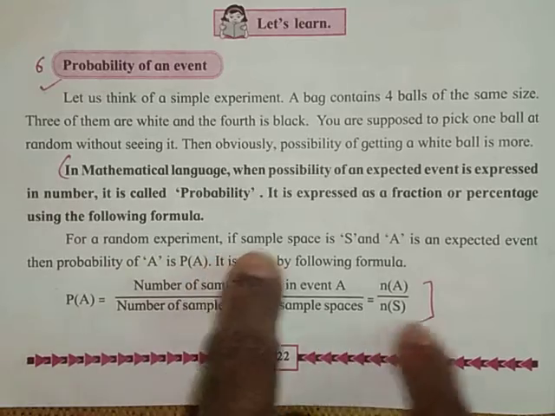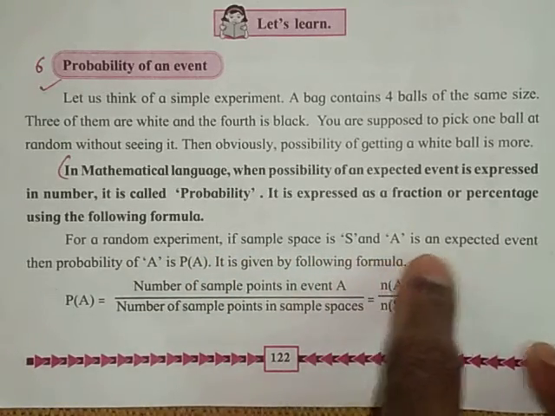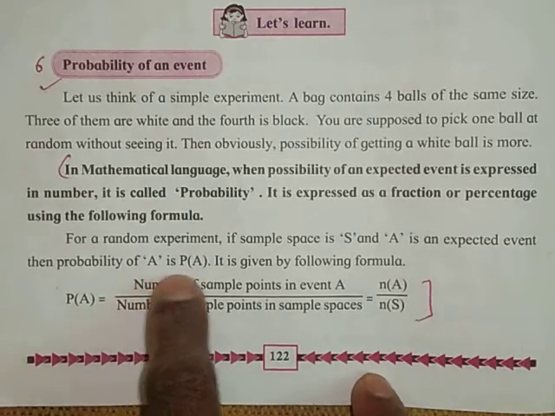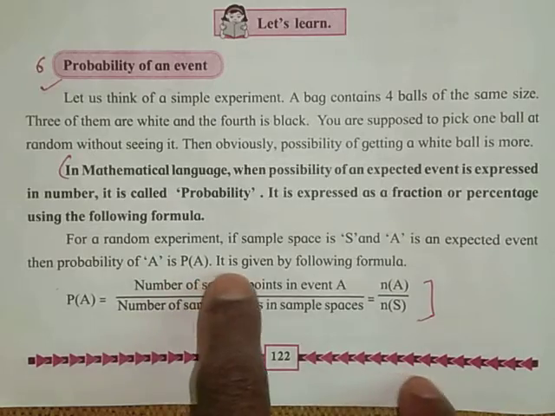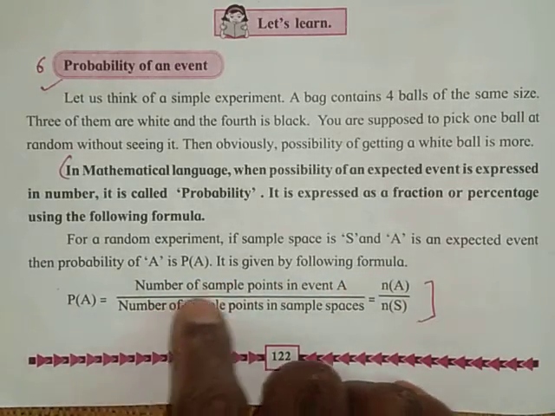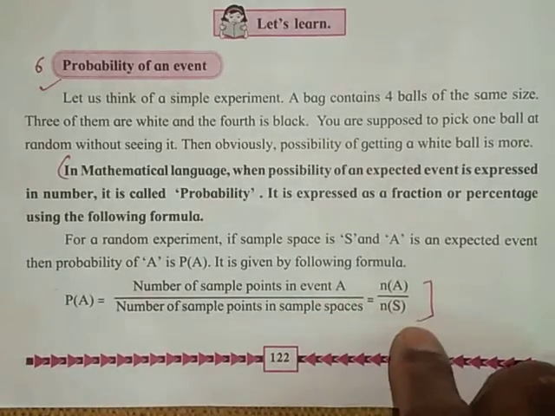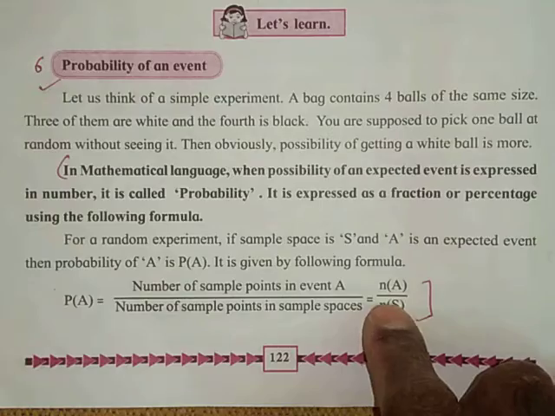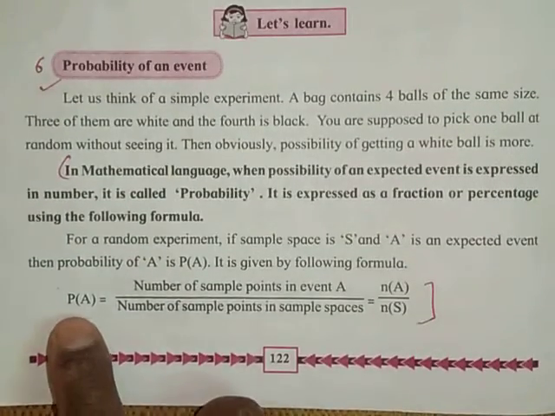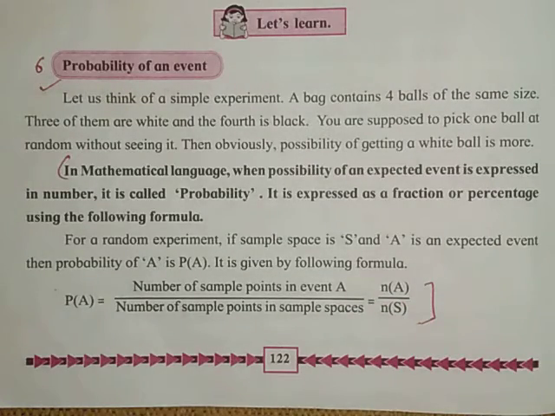For a random experiment, if a sample space is S and A is an expected event, then probability of A is P of A. It is given by the following formula. P of A equals number of sample points in event A upon number of sample points in the sample space, that equals n of A upon n of S. Therefore, P of A equals n of A upon n of S.